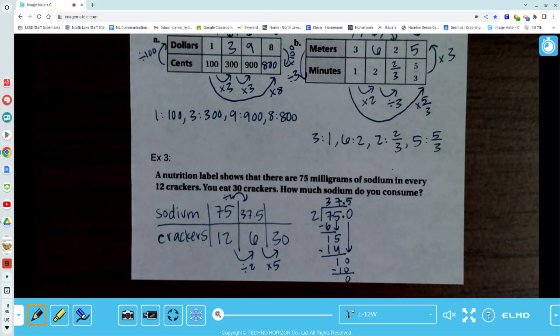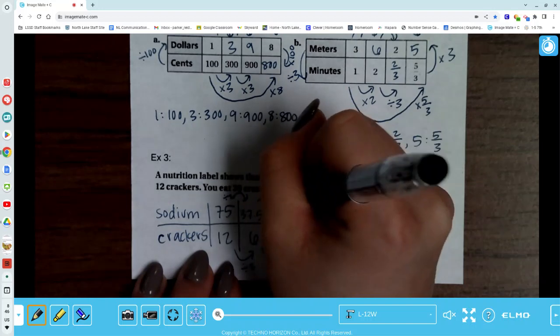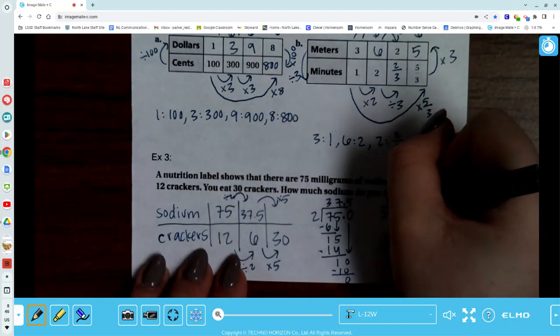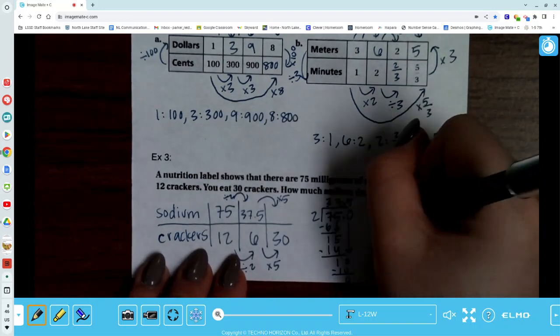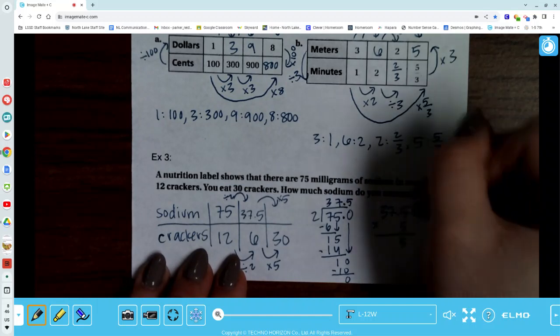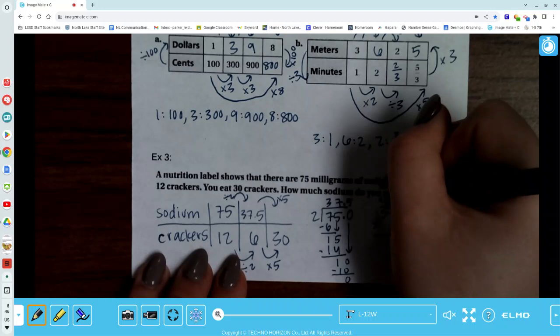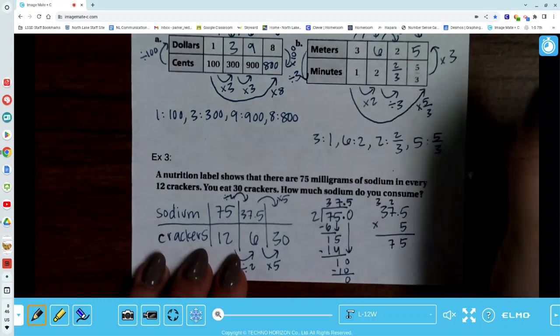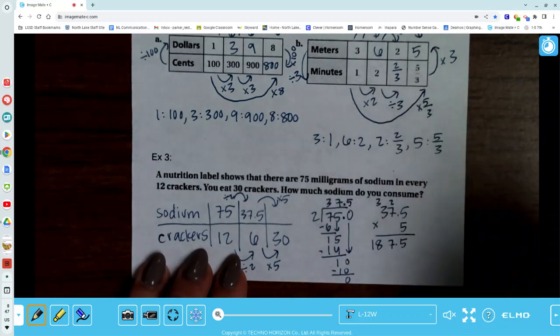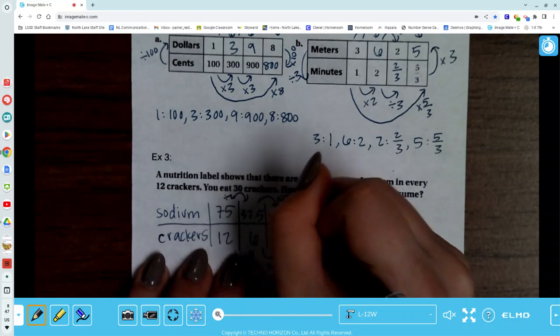What is the last calculation I need to do here to find the final amount of sodium, the amount that is in the 30 crackers? Logan? 37.5 times 5. Yep, because we decided that we're multiplying by 5 on the bottom, so I'm going to do the same to the top. So 37.5 times 5. 5 times 5 is 25. 7 times 5 is 35 plus 2 is 37. 3 times 5 is 15 plus 3 is 18. 187.5.